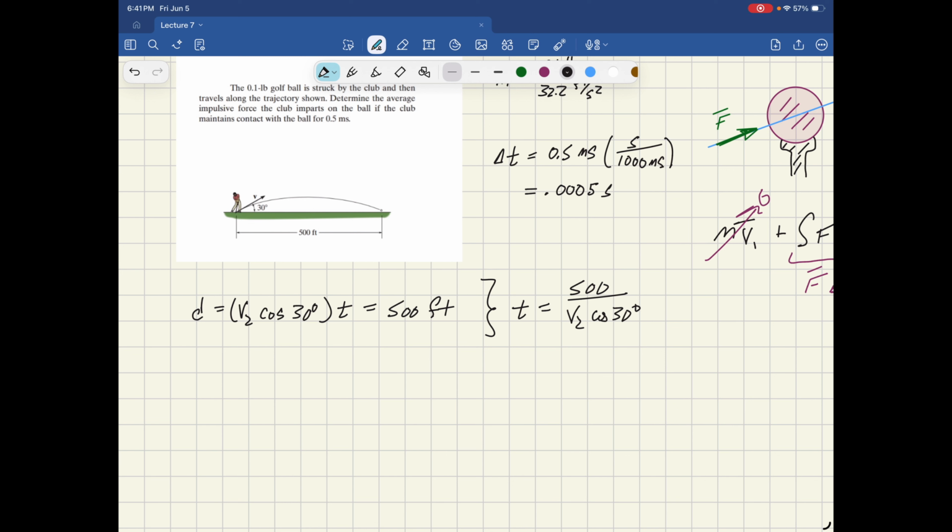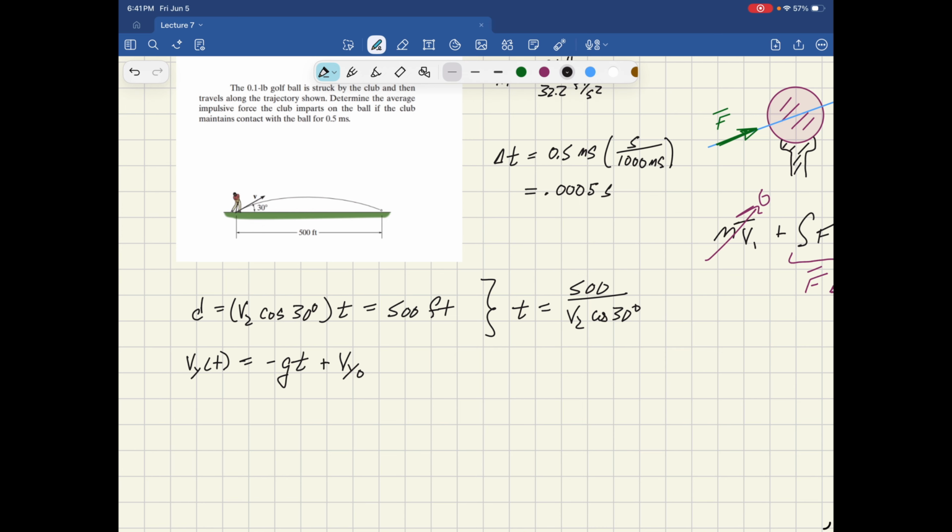Now, we also know that Vy as a function of time is equal to minus gt plus Vy naught, right? That is one of our standard equations. So we know our initial velocity, we know the final velocities.